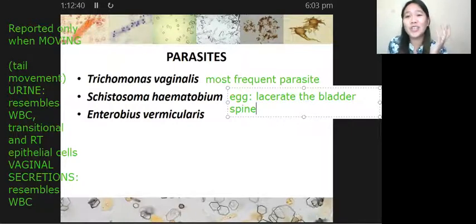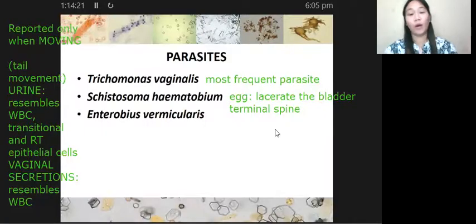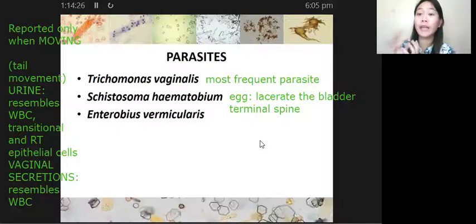Yung ating mga schistosome eggs, they contain spines, they contain knobs, okay? So, for our Schistosoma hematobium, ano ang meron siya? Meron po siyang, yes, terminal spine. Meron siyang terminal spine, class. Tama ba ako? Okay, ayan. So, meron siyang terminal spine.